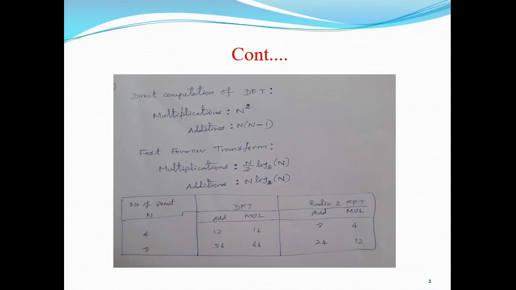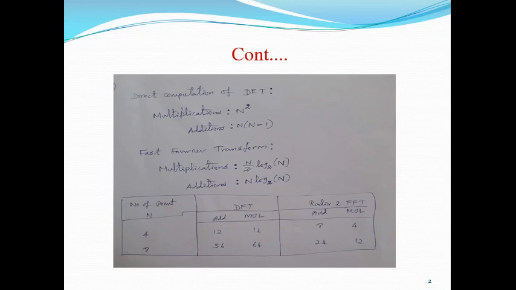Here we can see different numbers of samples and the corresponding computations, for either direct computation of DFT or the fast Fourier transform algorithm. The algorithm may be decimation in time or decimation in frequency fast Fourier transform.